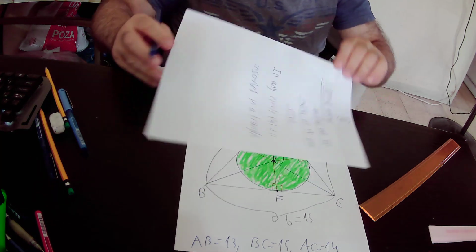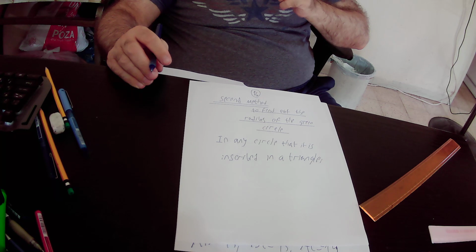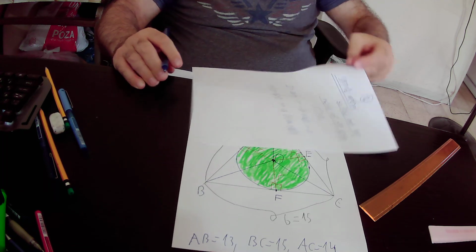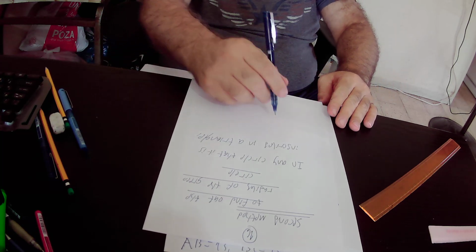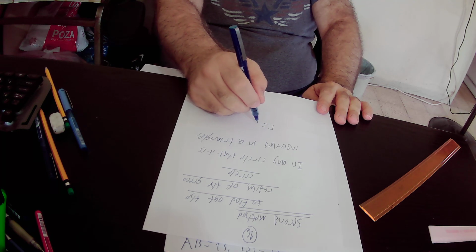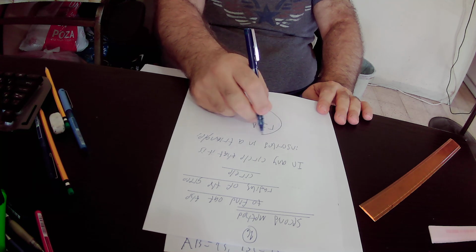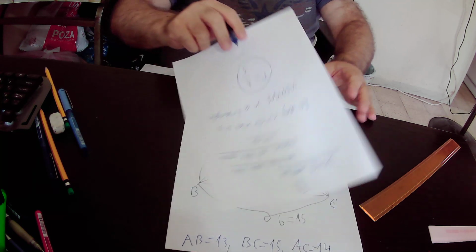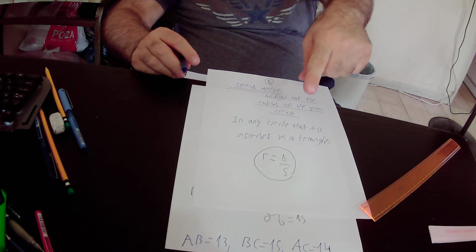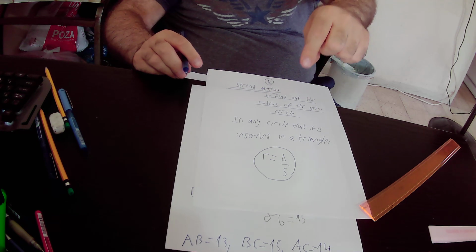in any circle that is inscribed in a triangle, we can use the following formula that states that the radius of that circle that is inscribed in a triangle equals delta over S. Okay, the radius of the circle that is inscribed inside the triangle equals the delta, that is the area of the triangle that contains the circle, over the semi-perimeter.